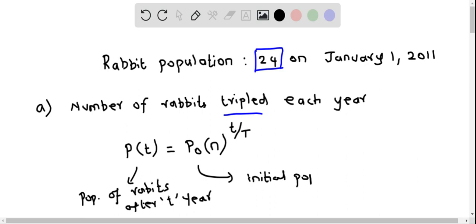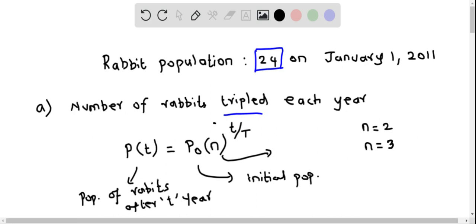This is the initial population, and the n represents whether it is tripling or doubling. Suppose the population doubles, we say that n equals 2. If the population triples, we say that n equals 3. So basically, this n represents whether it doubles, triples, or so on.